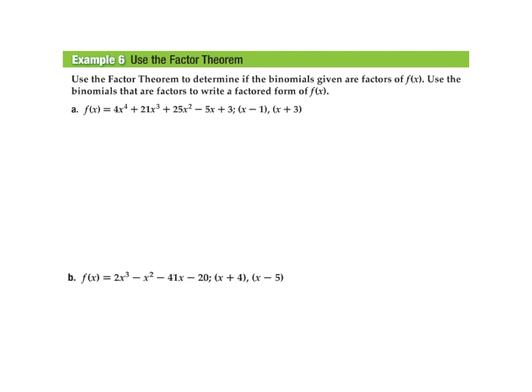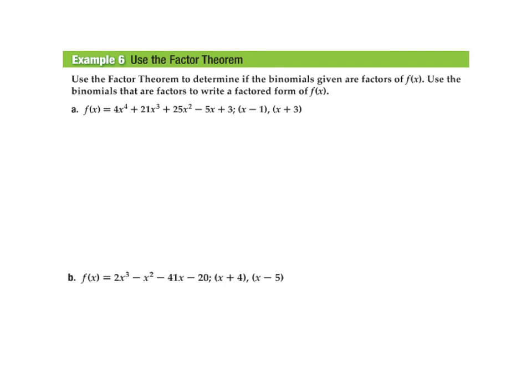The factor theorem just tells me whether I have a factor or not. If I get a remainder of 0, then the binomial that I'm dividing by is a factor.